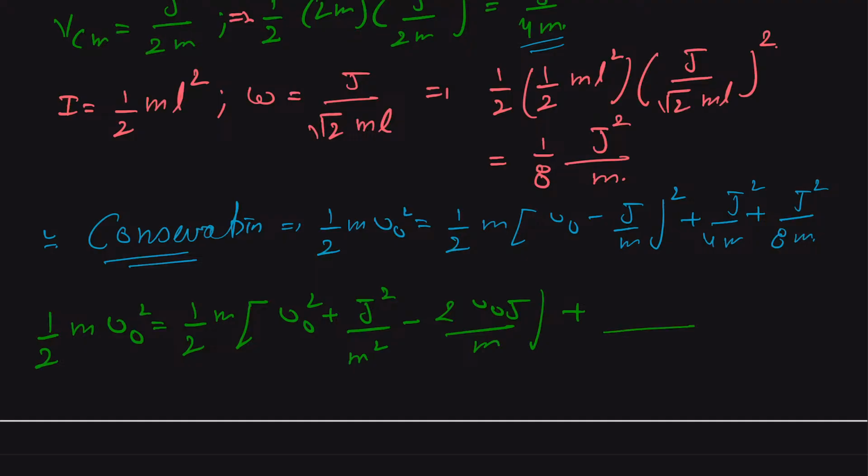We can take LCM as 8m, and this will be 3 j square.